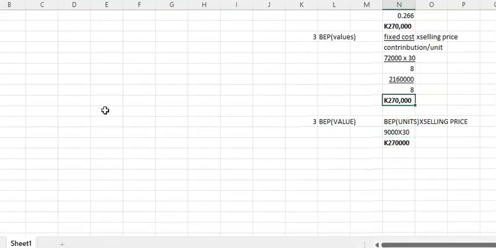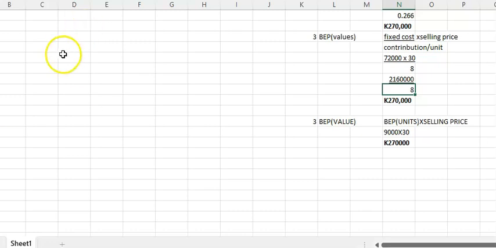Let me address it from here, which is question number 4. They want targeted units, the units for them to make the profit they want.